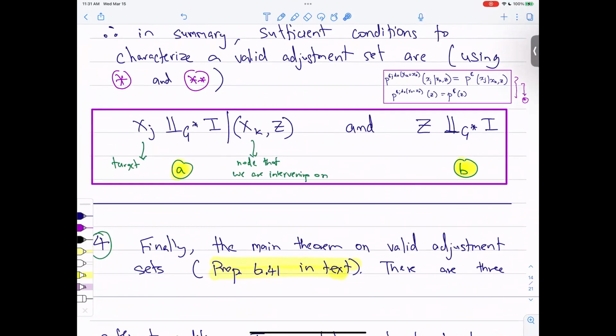Once you look at this bigger graph with the I variable, it's just a conditional independence that you want. So instead of conditional independence, you're giving sufficient conditions in the graph. The calculation was one line, but it's nice, and now it ties everything together.